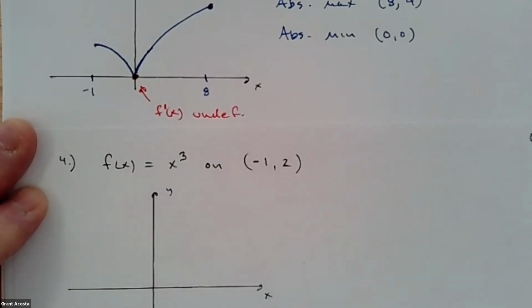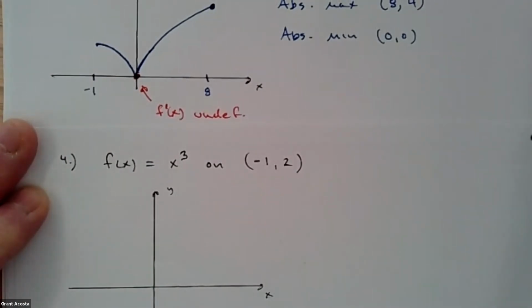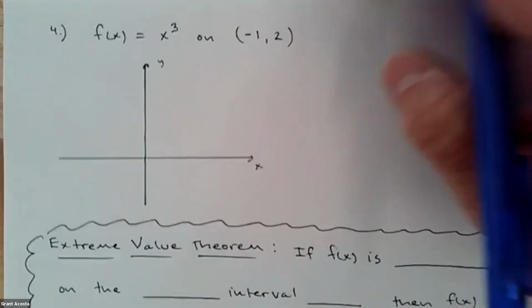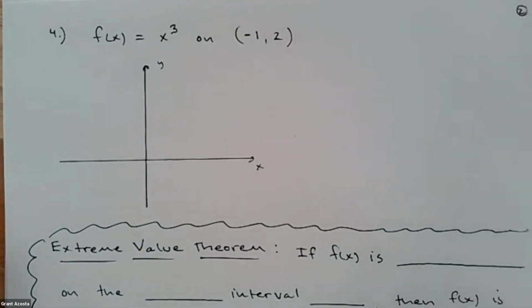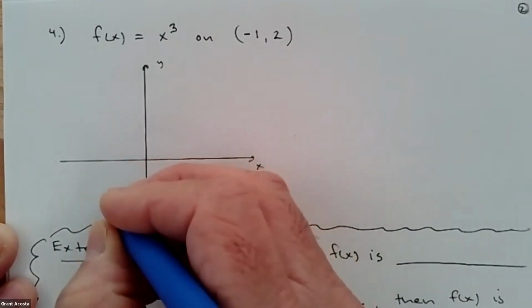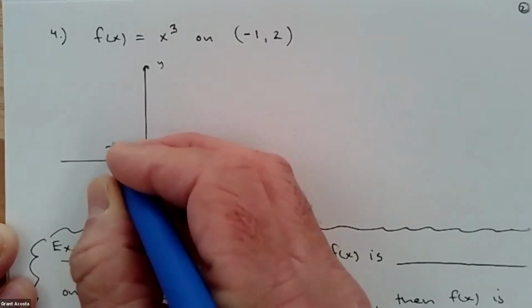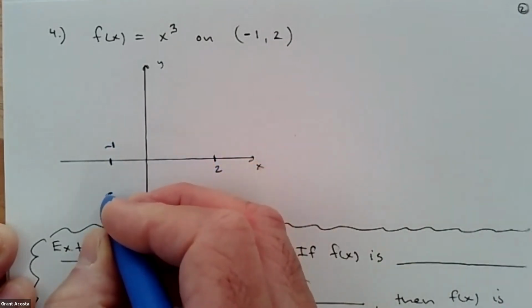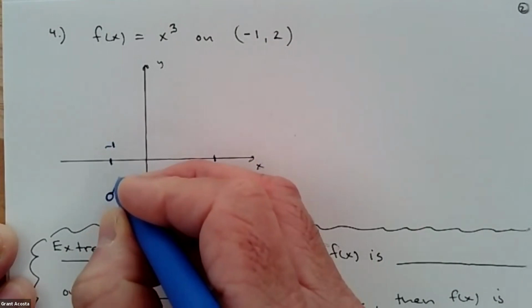So graphically, what that means, can I pull this other sheet out? You know, the graph of x cubed usually goes like this, goes flat through the origin. I'm graphing it from -1 to +2. But when I cut it off at -1, it's going to have an open circle.